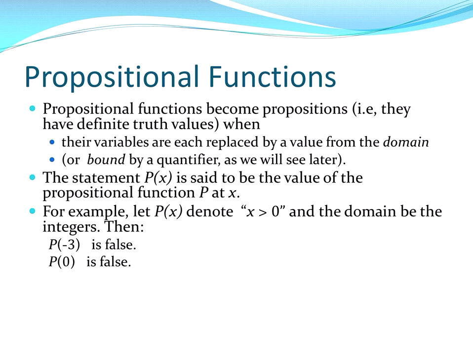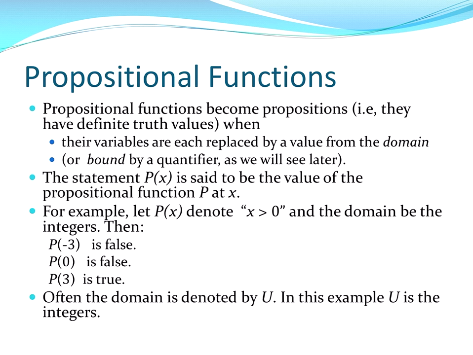P at 0 is false because 0 is not greater than 0. And P at 3 is true. We will often use the capital letter U to denote the domain. In this case, the domain is integers, but we do have to define the domains for our variables.